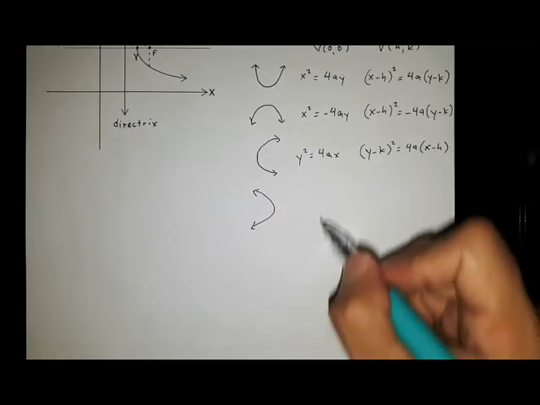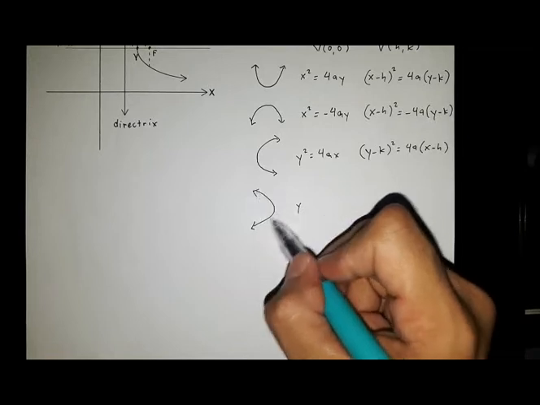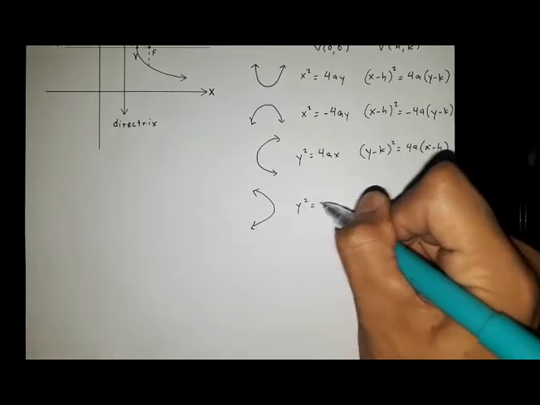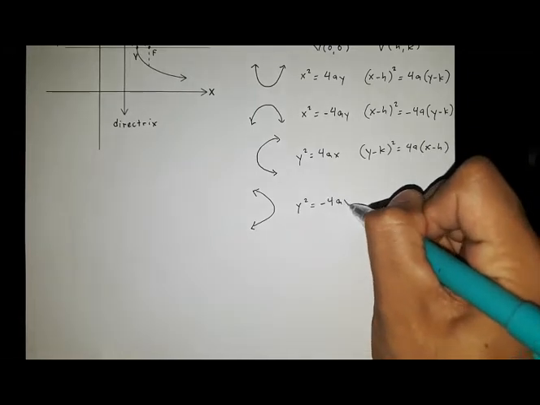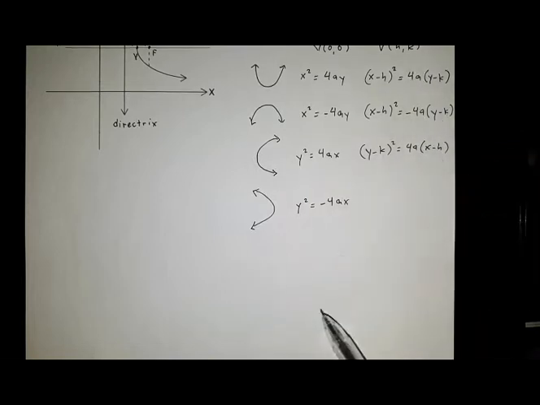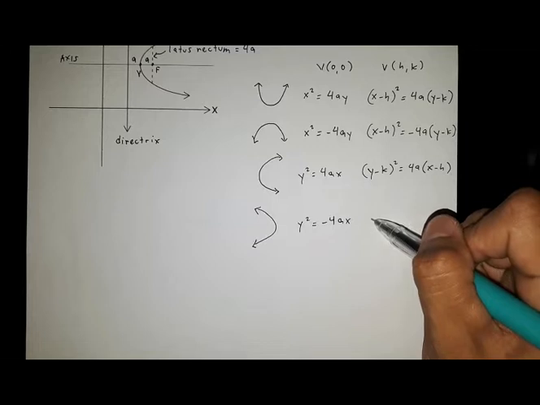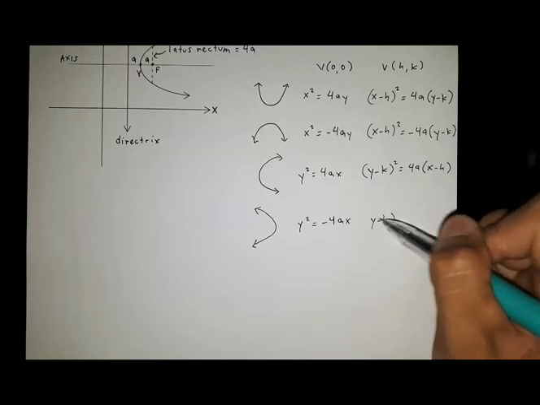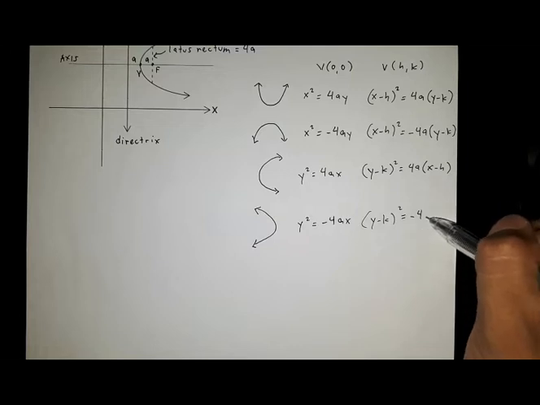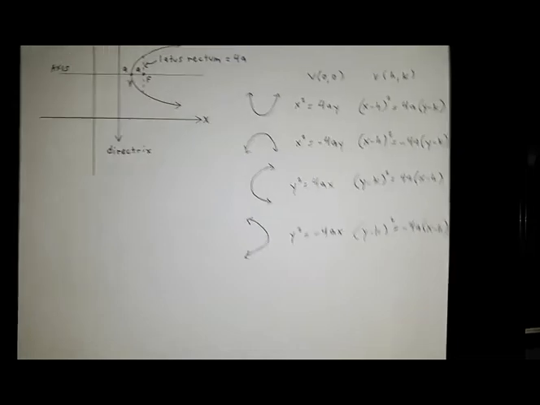On the other hand, if your opening is to the left, you have y squared equals negative 4ax. If the vertex is at (h, k) with opening to the left, you have (y minus k) squared equals negative 4a times (x minus h).